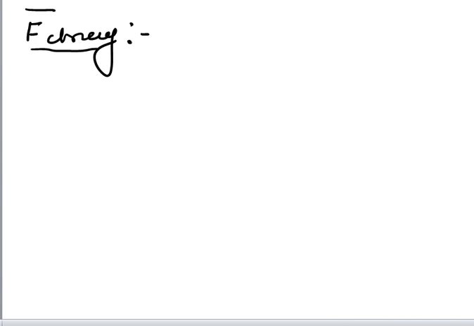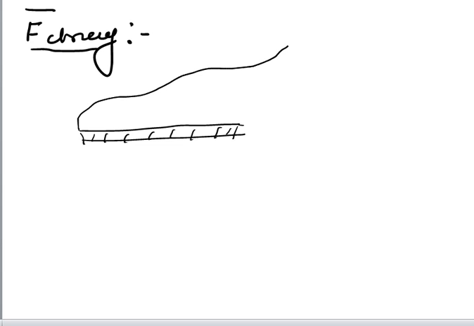Just as a note, I am making the derivation of how it is derived. Please try to understand. Let this be any surface which is placed, and over this surface there is a fluid flow, a fluid is flowing.